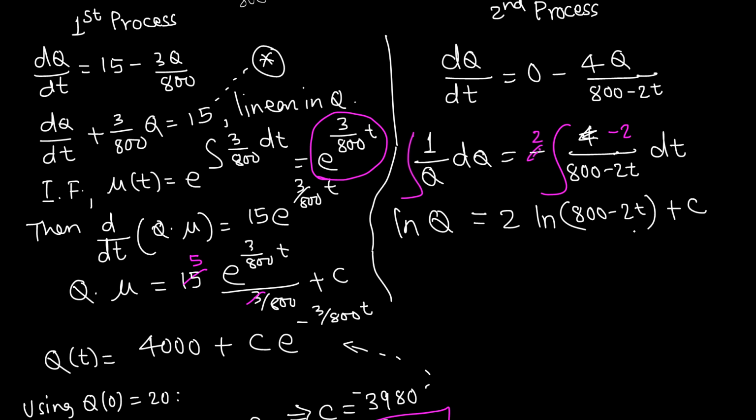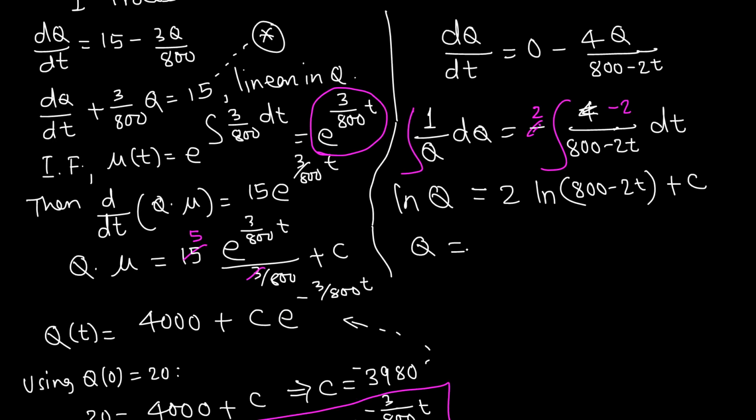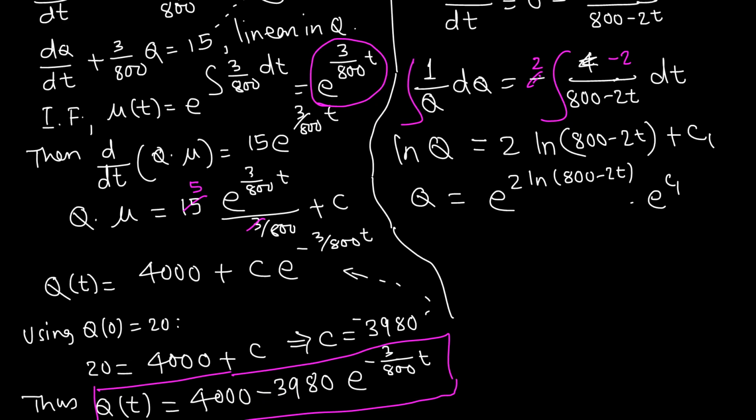Exponentiate both sides, so we get Q equals e raised to the 2 ln(800 minus 2t) times e raised to C. We can say C1, and e raised to C1 we can just write as C. And this 2, by the way, goes in the exponent of 800 minus 2t, so that e and natural log cancel.